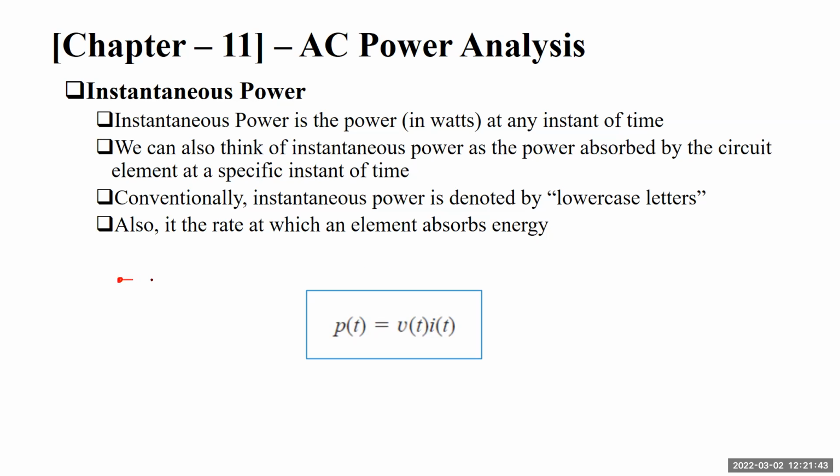For example, if we have a circuit that has a resistor in it, and there is a potential difference applied across this resistance, and the current I flows through this component R. And it can be R, it can be an inductor, it can be a capacitor, it can be a combination of any of them.